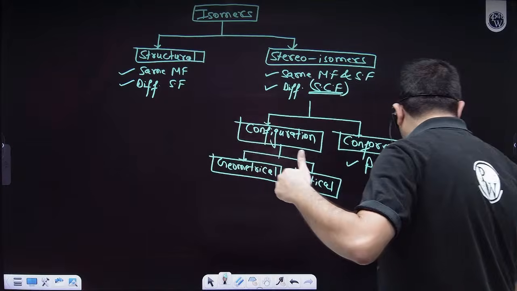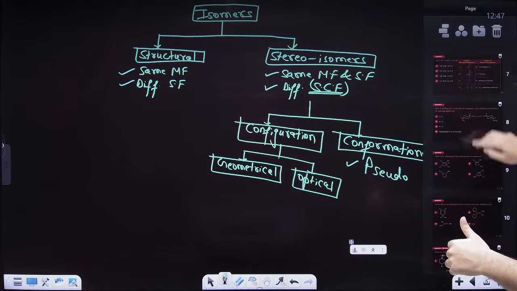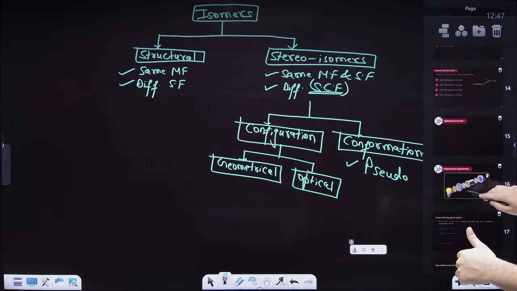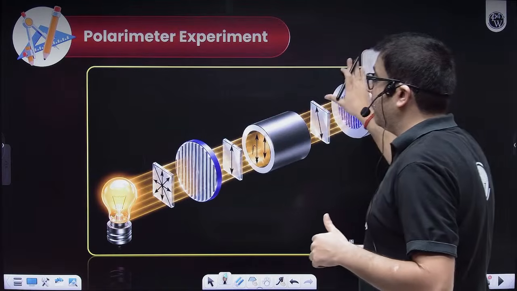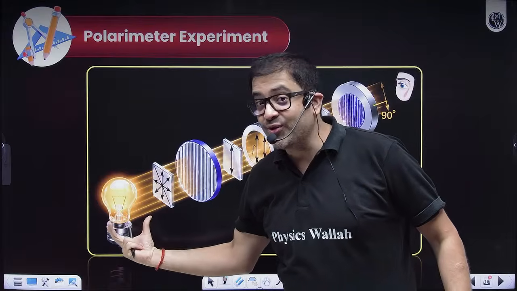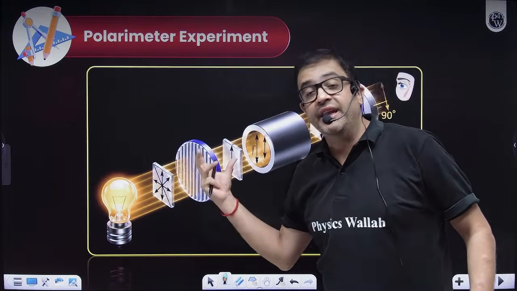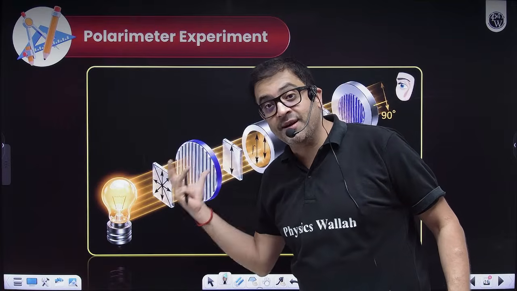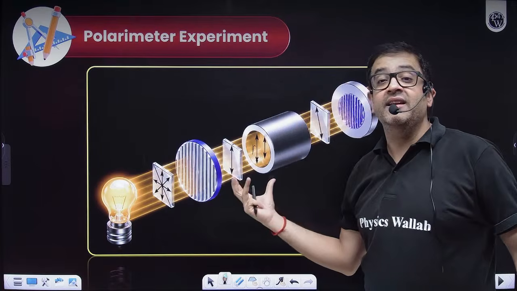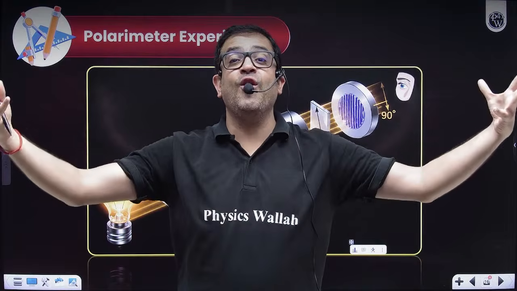Just to give you a briefing regarding optical isomerism, regarding what optical isomers are: if we have a source of light, this light is passed through a Nicol prism and then through a system of slit and prism. The light from the source is non-polarized, sir.